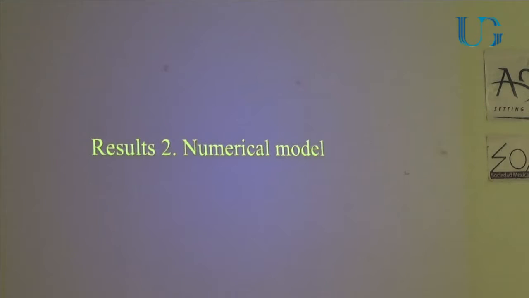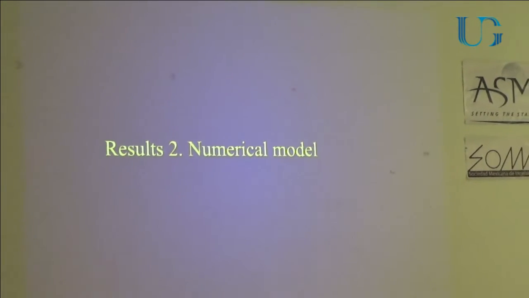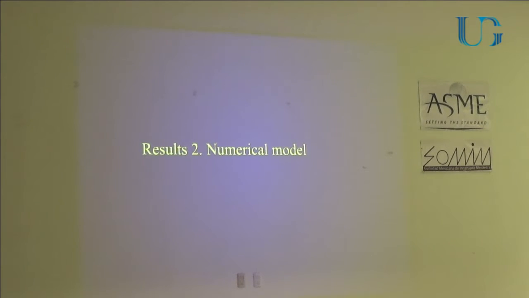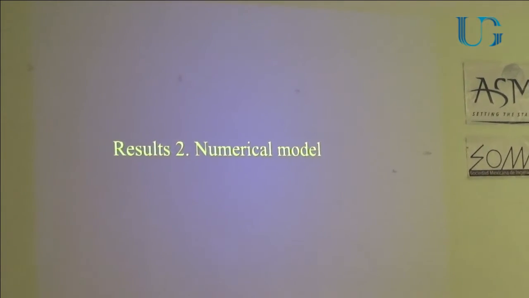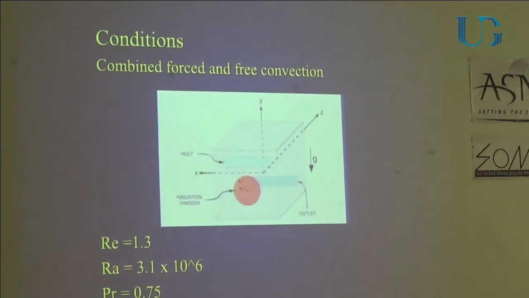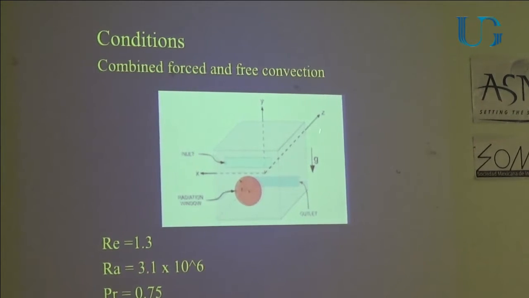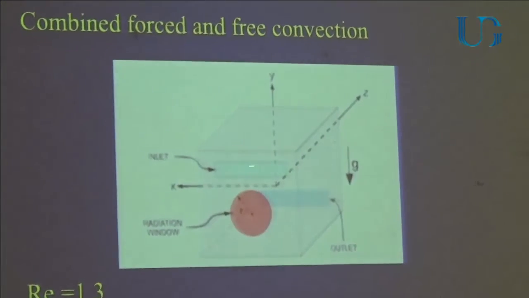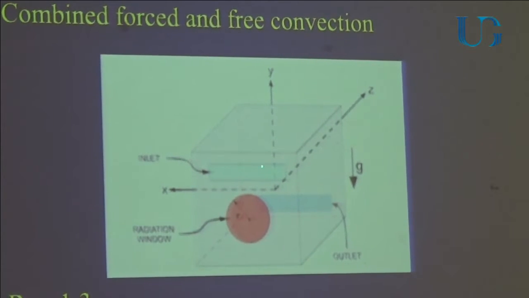Let's go for the numerical model, the one that takes into account three-dimensional effects. Okay. Now I'm sorry to say that when we face this kind of description, it is very difficult for us to grasp the physics because of the very complicated system. I'm just telling you formally that what you're going to see has a Reynolds number of 1.3, if we consider the Reynolds number at the inlet.